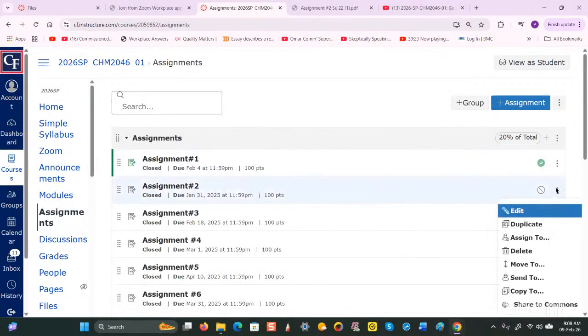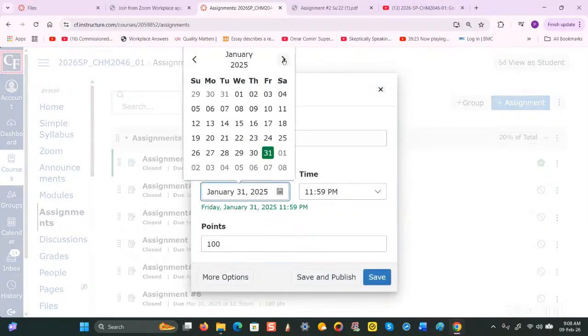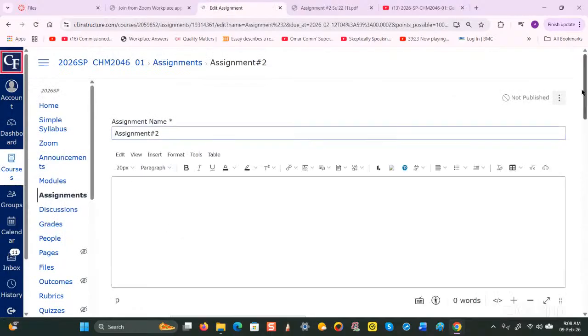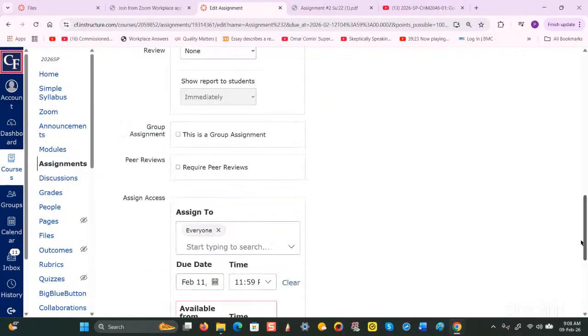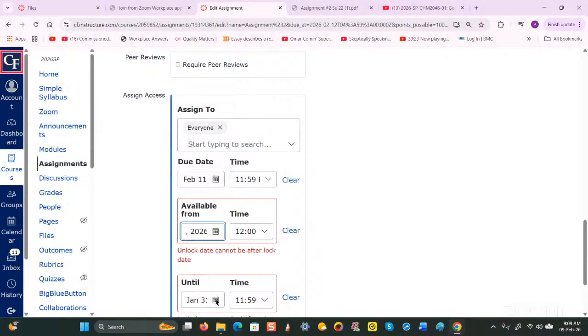I'm going to open up the Dropbox for assignment number 2. So today is the 9th. Okay, so I am going to let it be due on the 11th. The reason why is because I want to grade it and get it back to you as soon as possible, so that you can have it to review for your test. Let me go here, and let me go here.